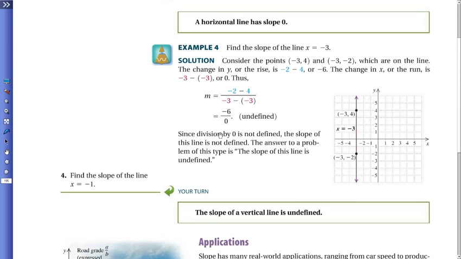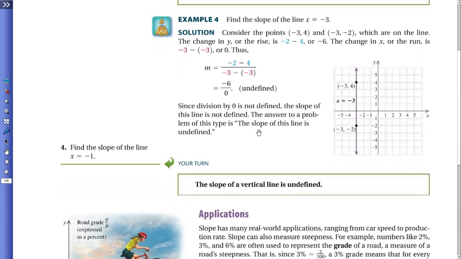I don't know if they use beans anymore, and I know they definitely don't use jelly beans because kids like me would eat those things. But we're taking groups out, and we're doing multiple subtractions. If I have some number like 12 divided by 0, what I'm saying is, how many times can I subtract 0 from 12 to get to 0?